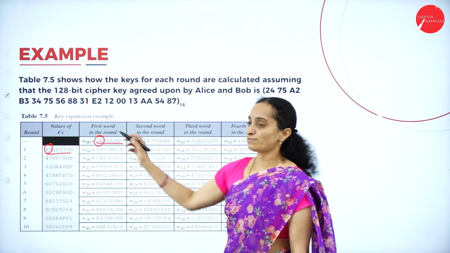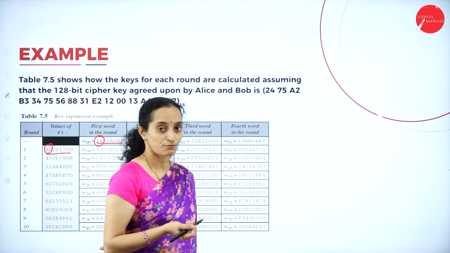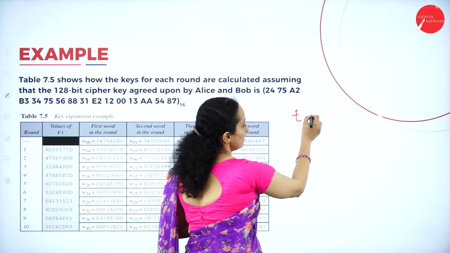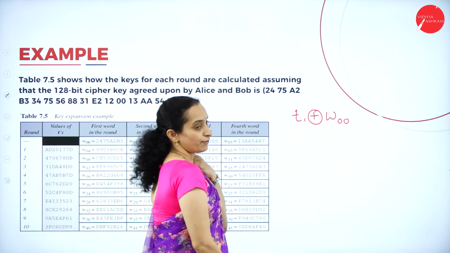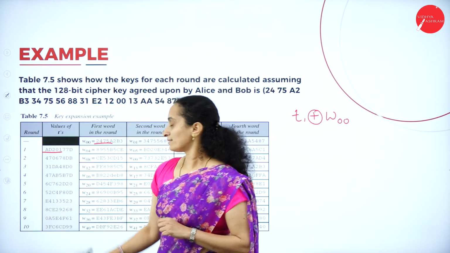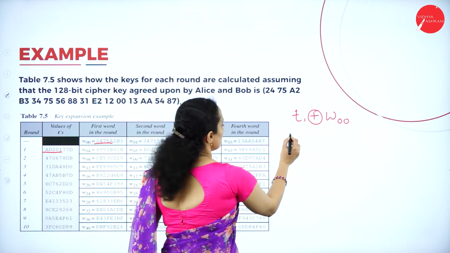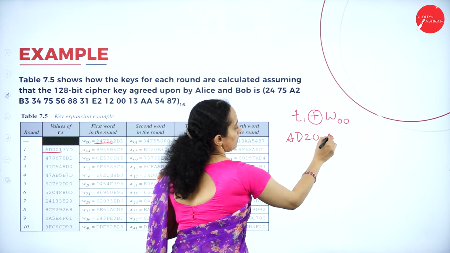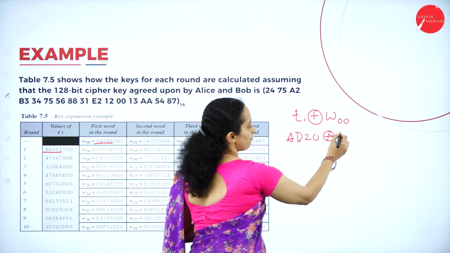Okay. The first one is 24. The word can be generated, reverse can be taken. T1 XORed with W00. First byte or first 2 bytes we shall take 2475 or AD20 XORed with the 2475.